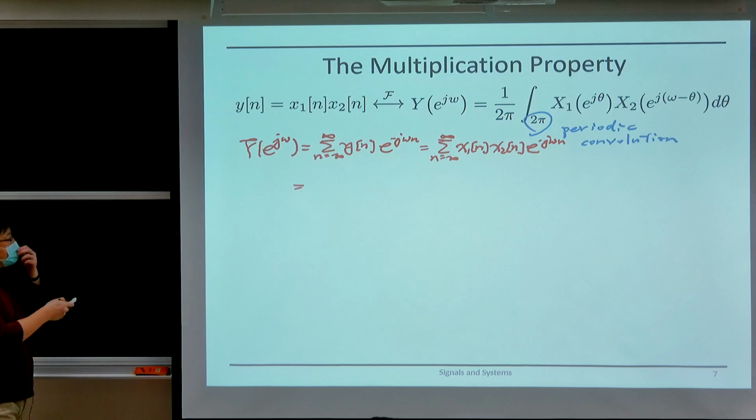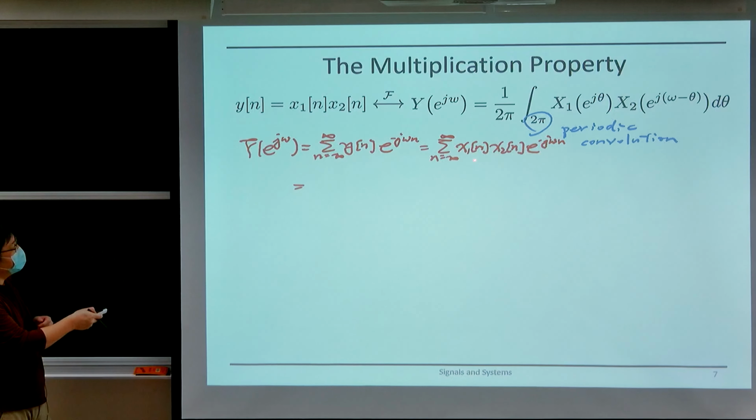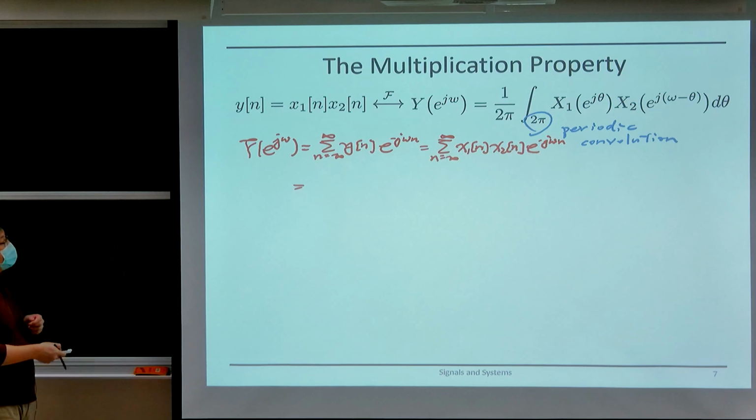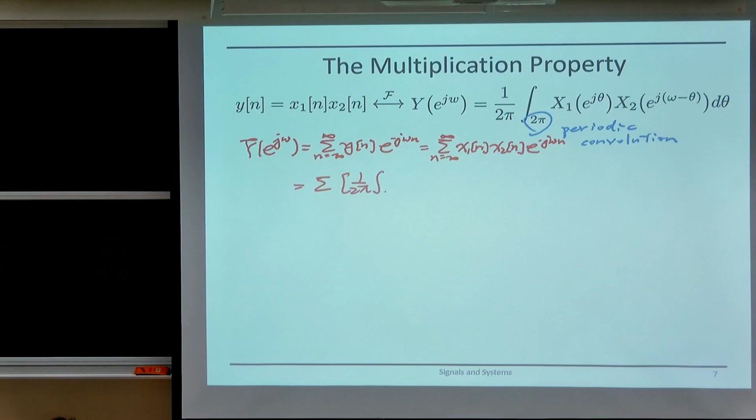Now, the next step that we do is to replace this x1 with its inverse Fourier transform formula. So instead of writing x1[n], we write 1 over 2 pi, the integral of X1(e^j theta) e to the j theta n d theta, times x2[n] e to the minus j omega n.